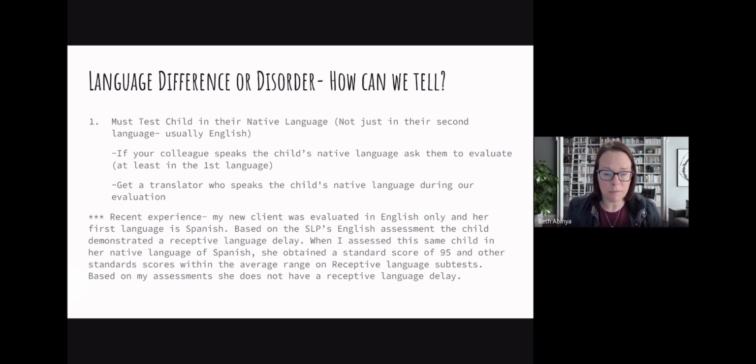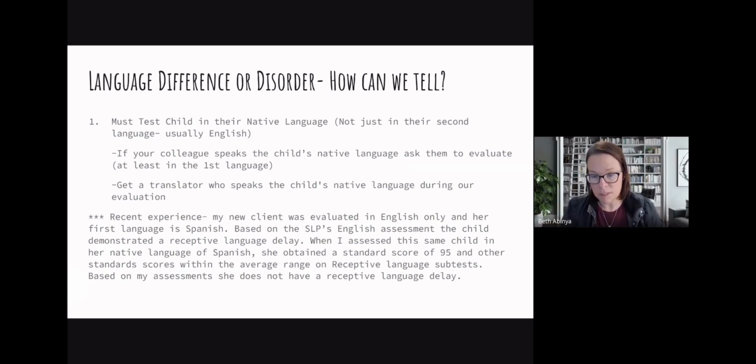I later found out that she does have significant articulation and phonological delays, and maybe some expressive language delay, but her receptive language skills are intact in Spanish. They assessed her in English and determined that her receptive language skills were also delayed.